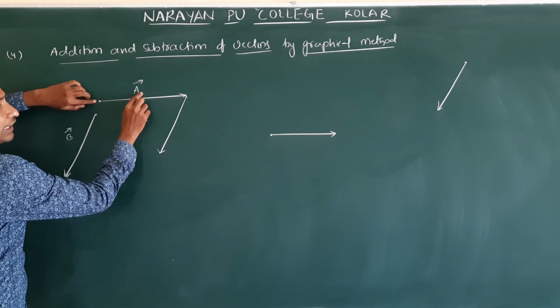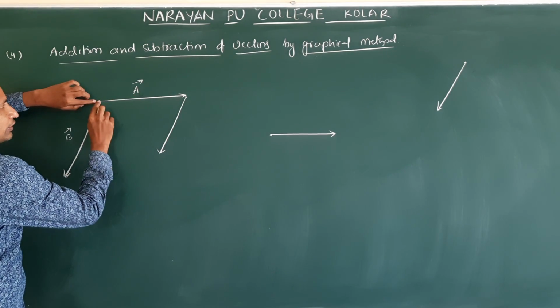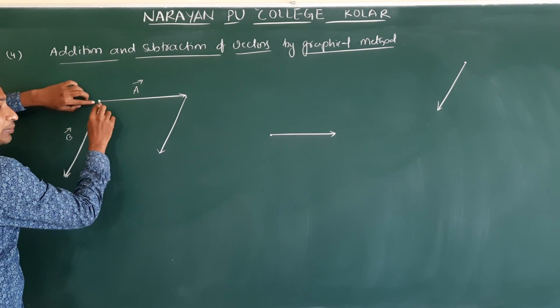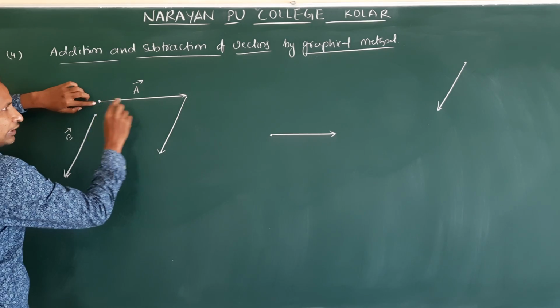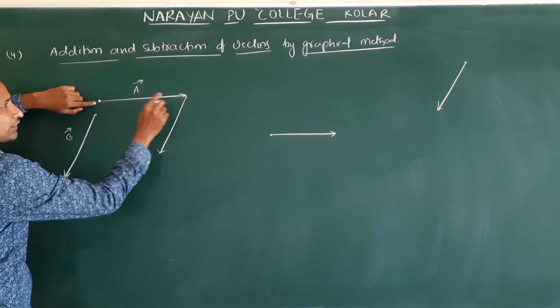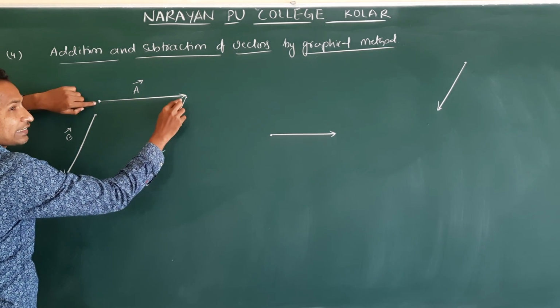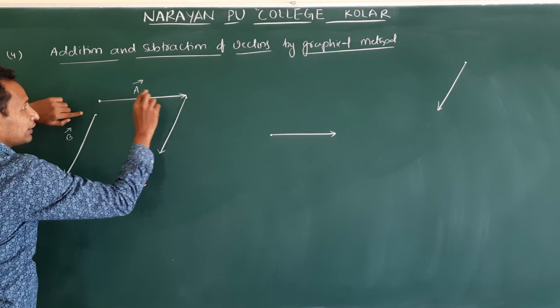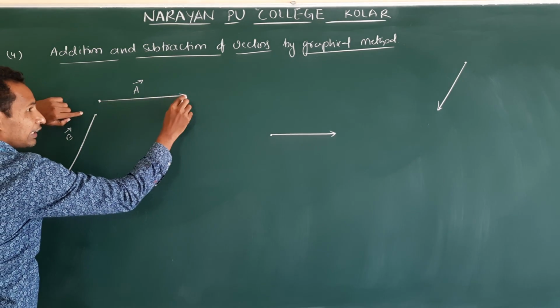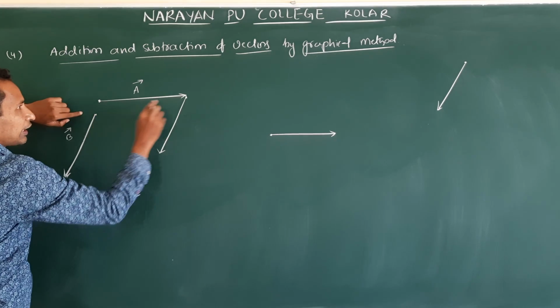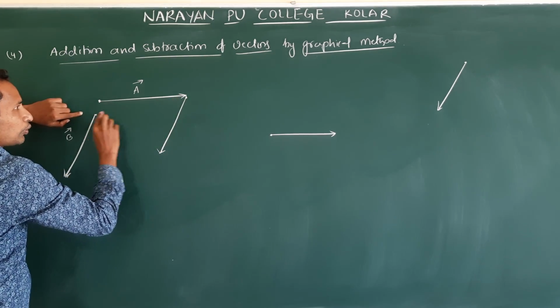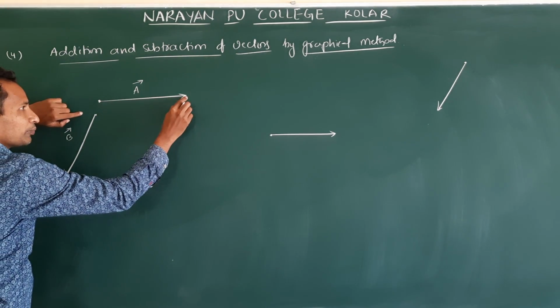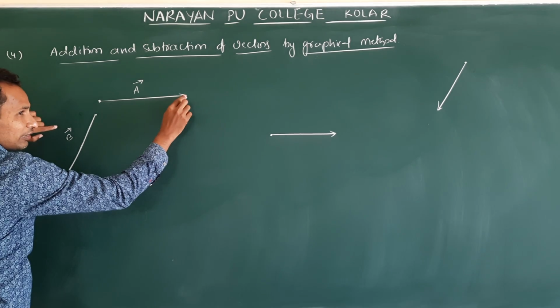By shifting, what is happening here? See, this is vector A. This start point, I already mentioned, we call it the tail, and this arrow we call the head. By shifting this vector B, what happened? The tail of B is touching the head of A, right?